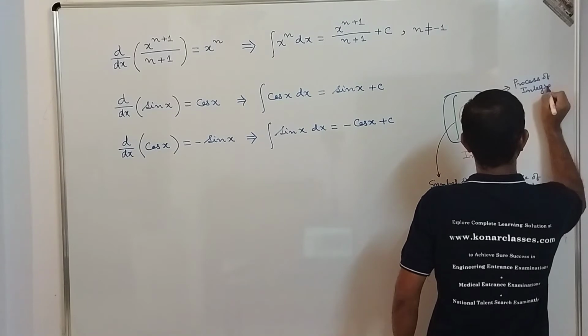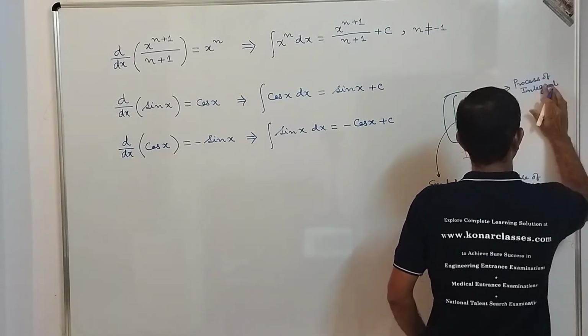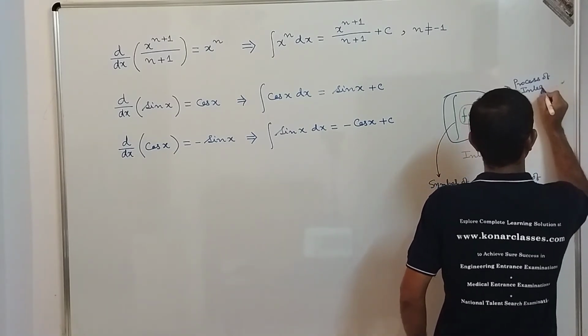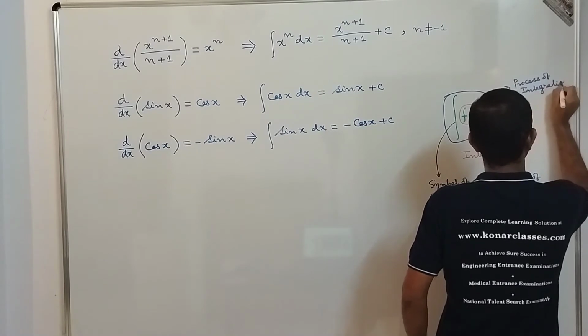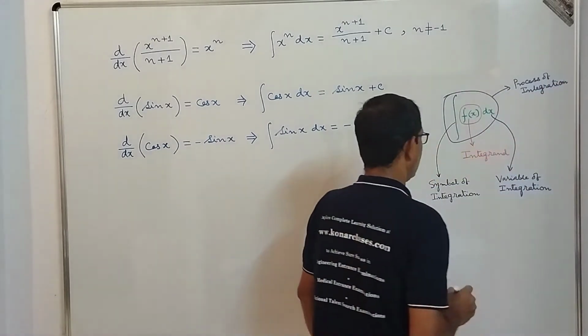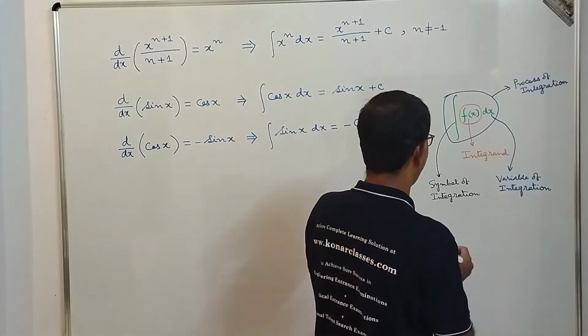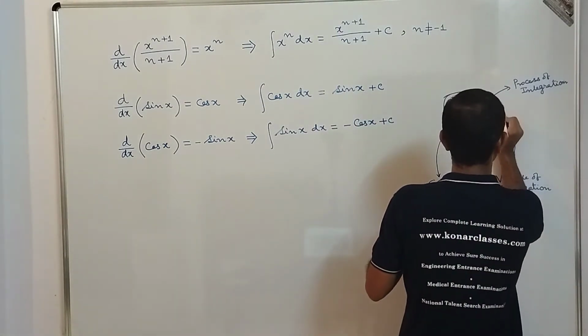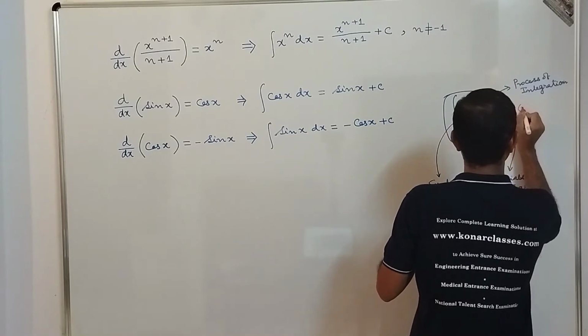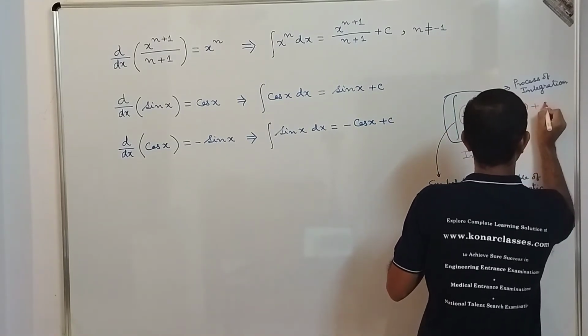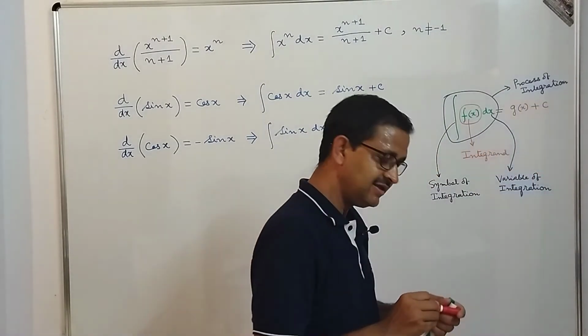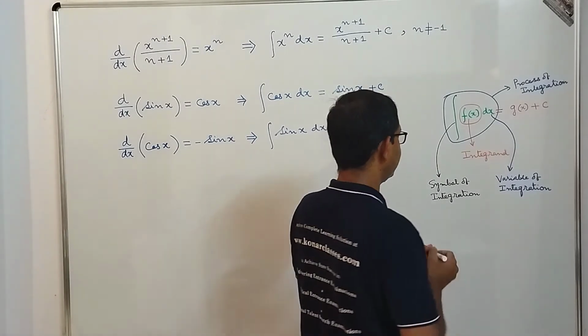And whatever value we get out of it, we get g(x) plus c, and that c is known as the integrating constant.